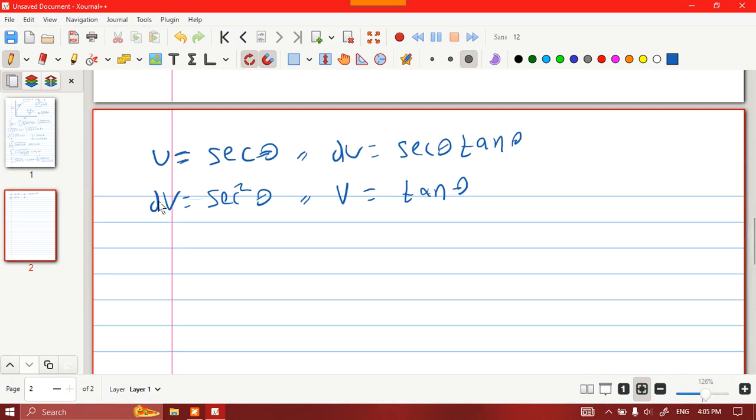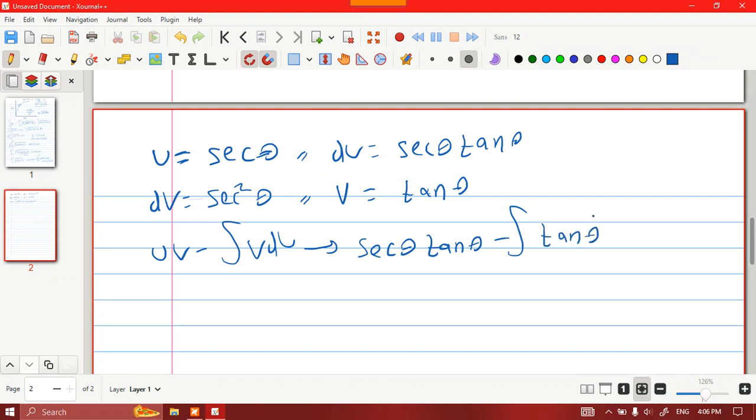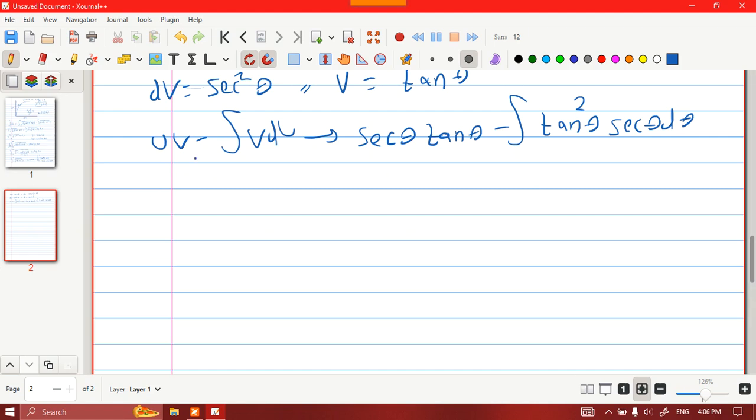So using integration by parts, the formula is uv minus the integral of v du, yielding uv, secant theta tangent theta, minus the integral of v du, tangent theta times secant theta tangent theta, so tangent squared theta times secant theta d theta. Doing further simplifications will yield tangent squared theta, which is secant squared theta minus 1.